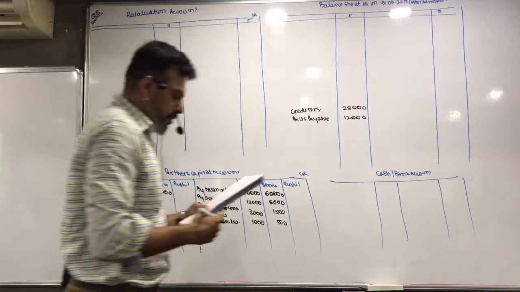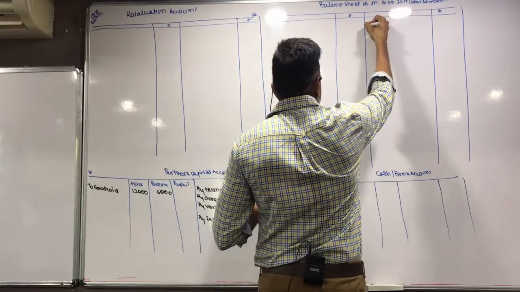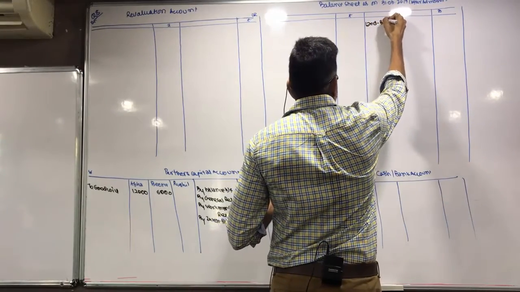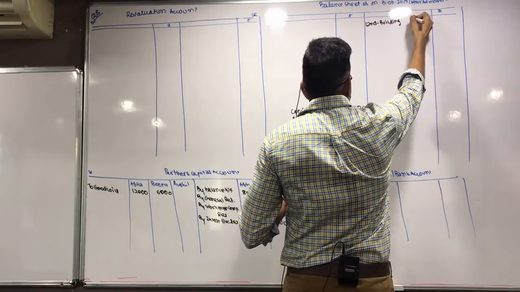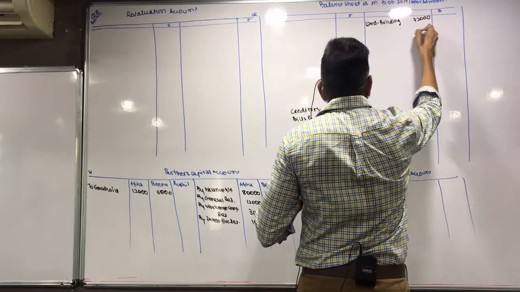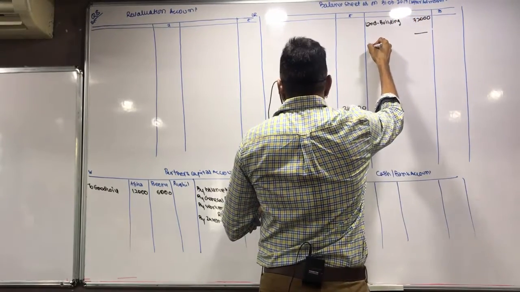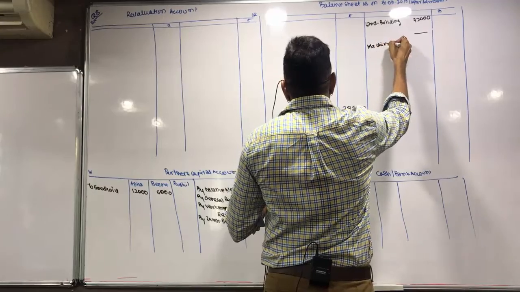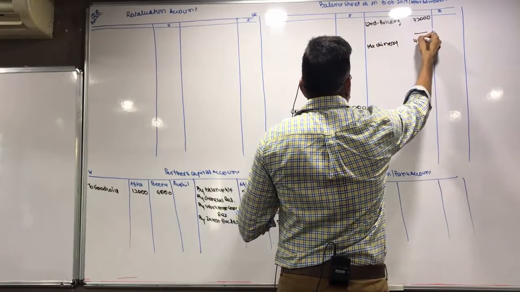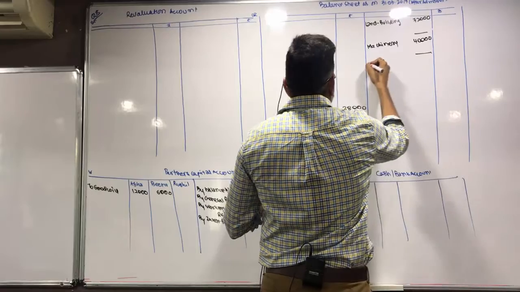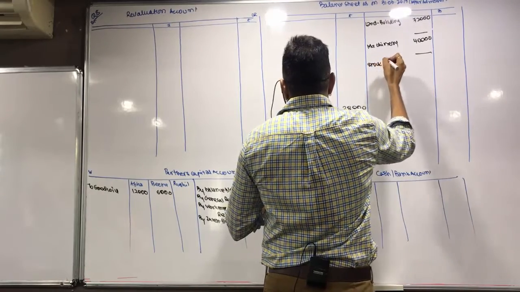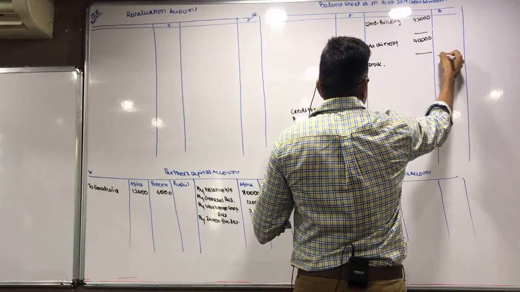Land and building, inner column 72,000. Machinery, inner column 40,000. Stock, no adjustment, outer column 36,000.